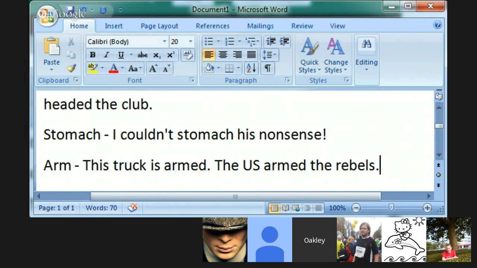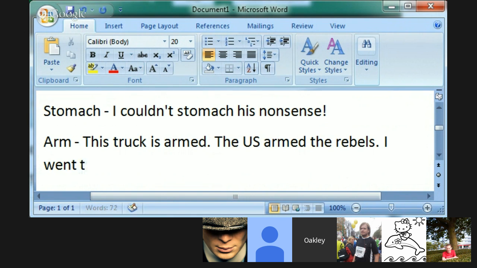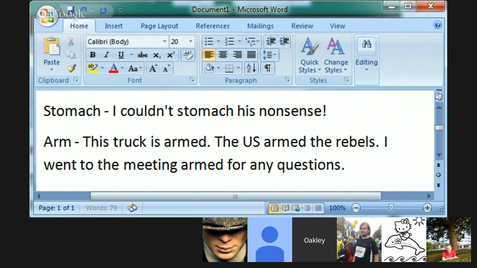Now, it doesn't only have to be physical weapons. It can also be used more metaphorically, more idiomatically, to talk about being prepared, like having the necessary weapons to do something. So, for example, I went to the meeting armed for any questions. The implied meaning here is that you're fully prepared and ready for any questions.